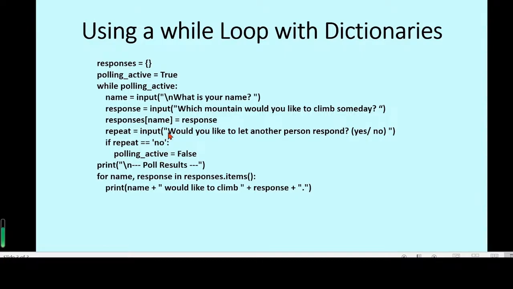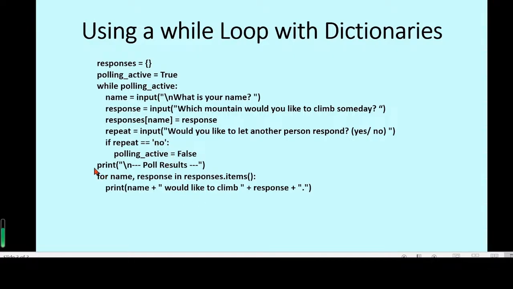This process continues until the user enters no in the repeat input. If the user enters no, then the polling active flag will be false. So back to the while loop, polling active will not be true, then the while loop is stopped.